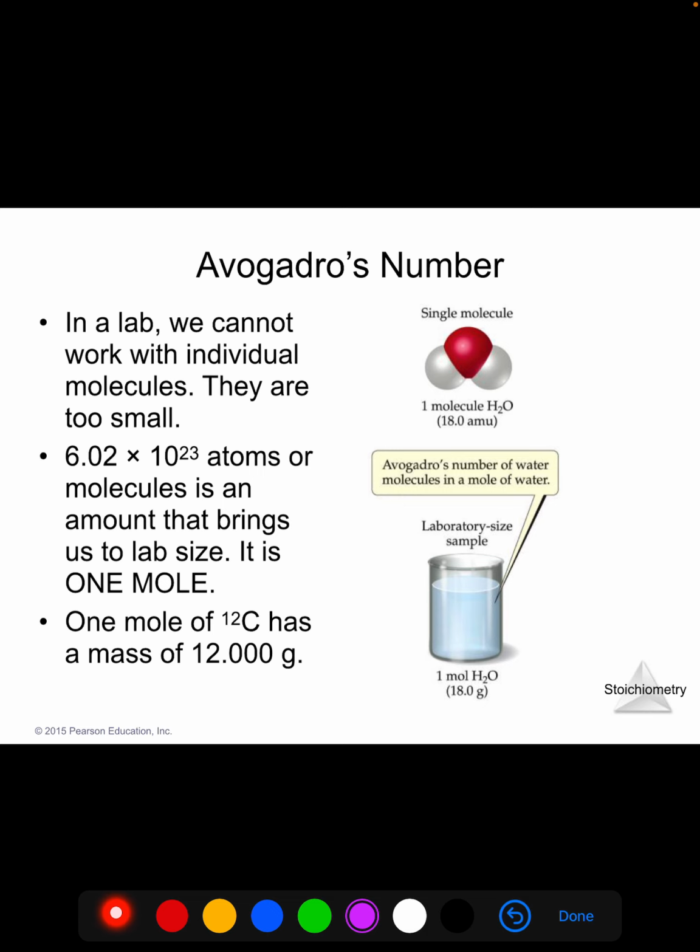Oxygen weighs 32, 2 times 16, or whatever it is in the periodic table. But for our purposes, it has a mass of 32. Hydrogen has a mass of 2, 2 times 1. I'm sorry, I don't have a periodic table in front of me right now, but it has a mass of 2.